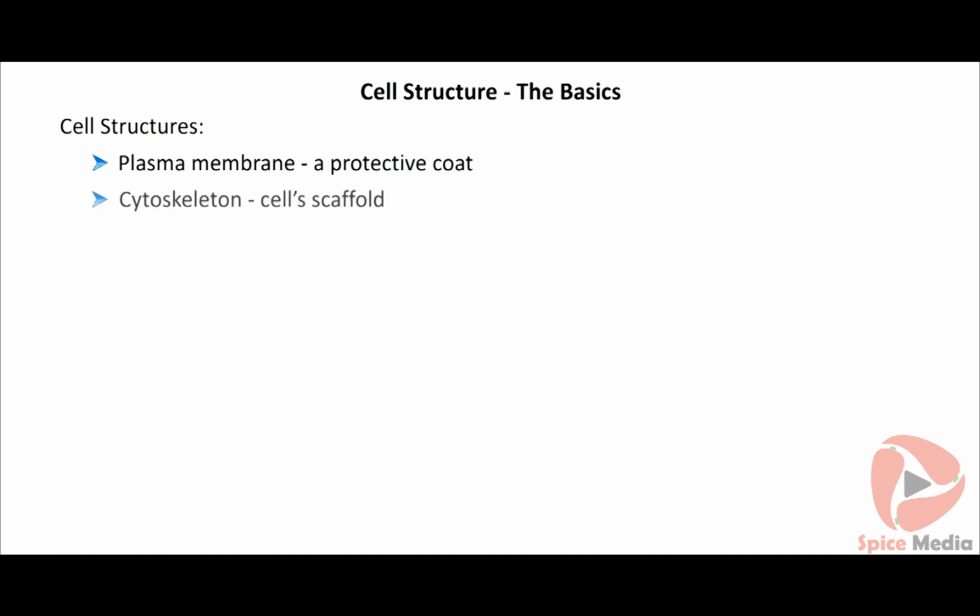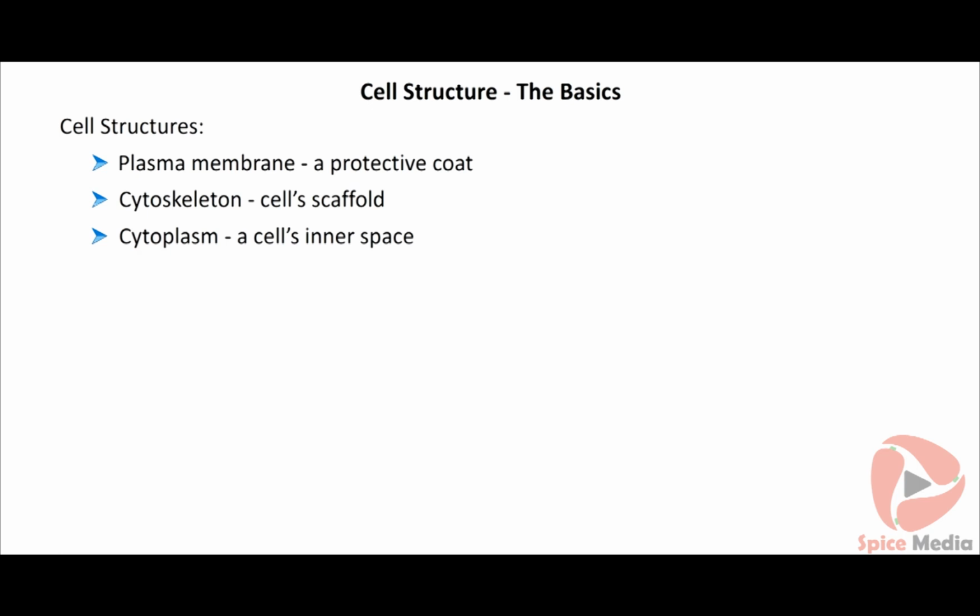Cell structure. The basics. The cell contains a plasma membrane, a protective coat, cytoskeleton, cell scaffold, and cytoplasm. A cell's inner space is common to all cells, from bacteria to man or a plant.